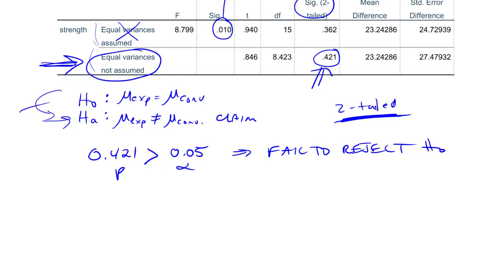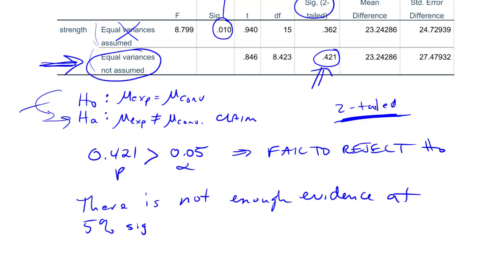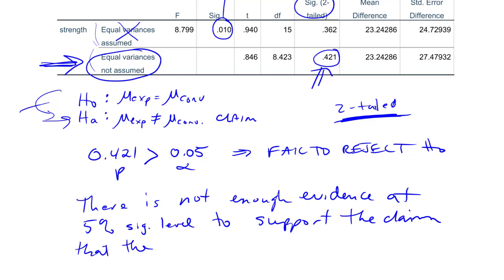So I failed to reject, so I couldn't get there. So there is not enough evidence at 5% significance level to support the claim. And to be clear, I'll say that the new treatment made a difference.